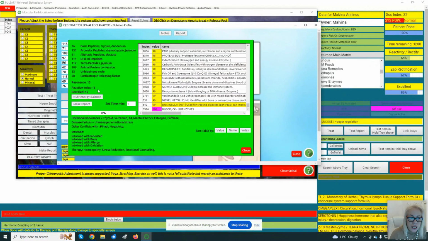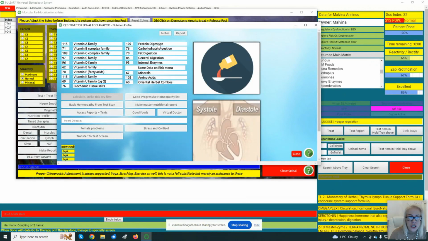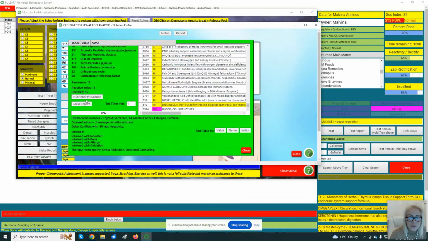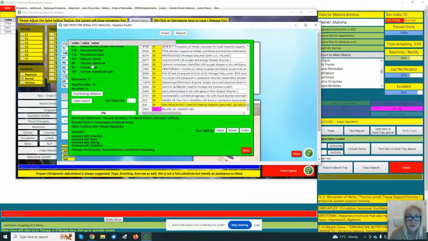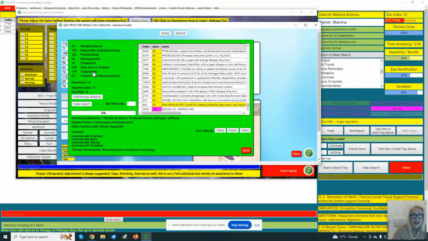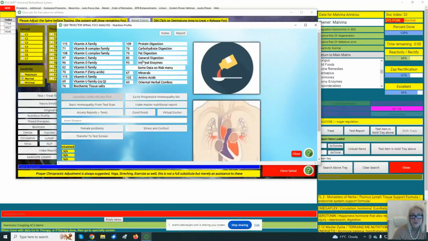Okay, this is the protein digestion. Okay, the carbohydrate, the fat digestion, and triglycerides have to do with the sugar regulation as well, and cortisol.